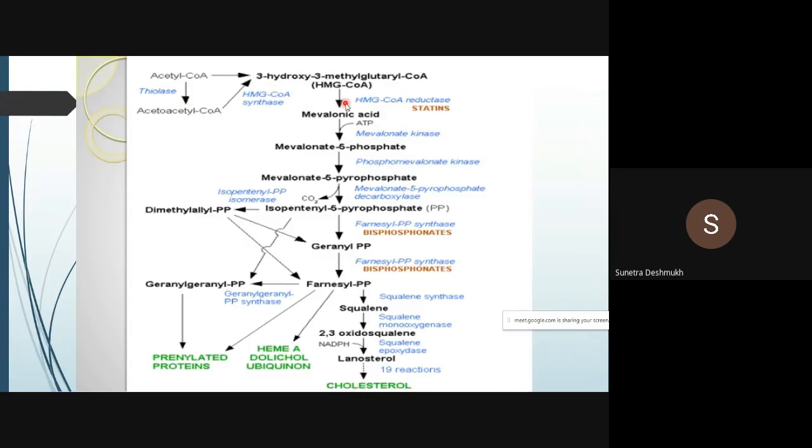So this is the schematic presentation of how we go step by step from acetyl coenzyme A, or from mevalonic acid, to cholesterol biosynthesis. Now we will see all these steps one by one.